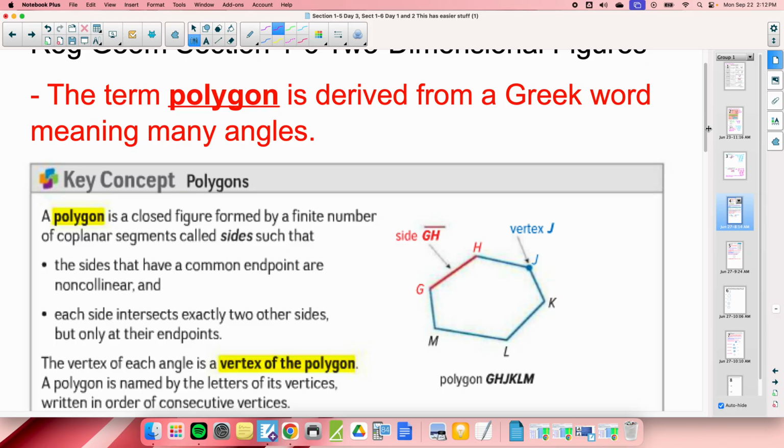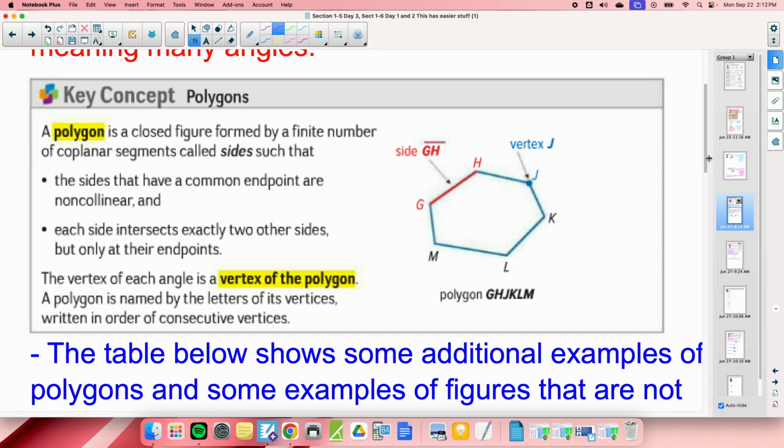So, everybody listen up. Today we're gonna go into a section on polygons, okay? And when we talk about polygons, there's a couple things that have to be true. One is you can only have straight lines. Also, polygons have to be closed, okay?